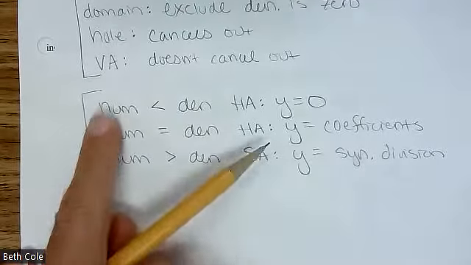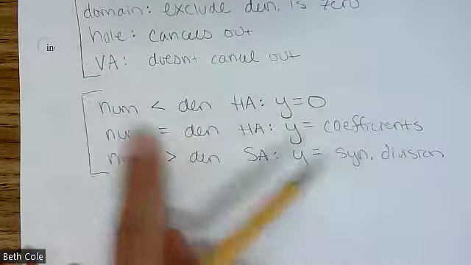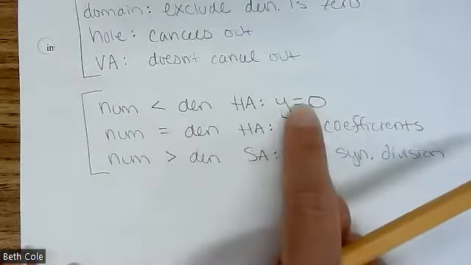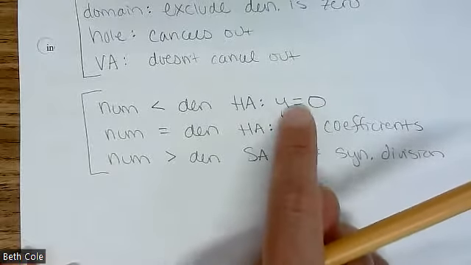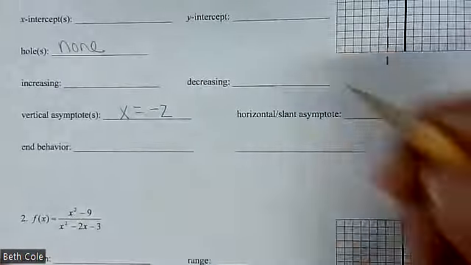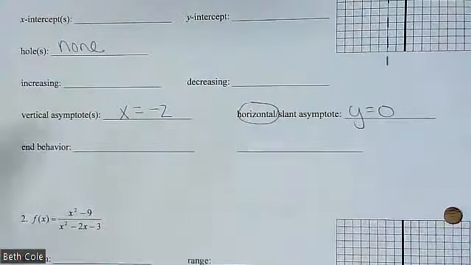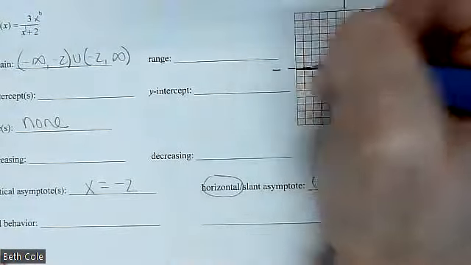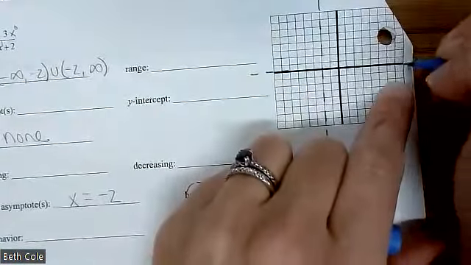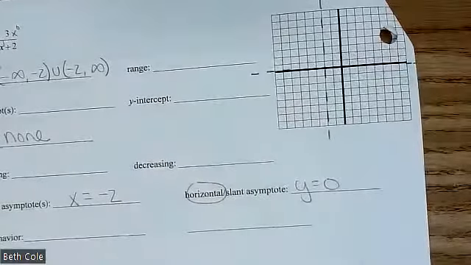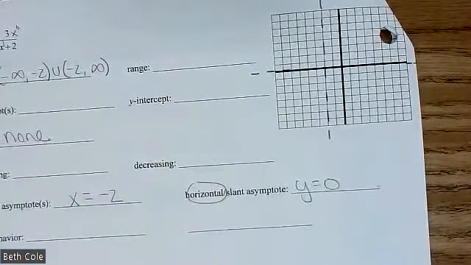So which one of these situations have we got? The first one, good. It's automatically y equals 0. So you're going to have a horizontal asymptote, y equals 0, and you can go ahead and dot that in. It's hard to see when it's 0 because it's on the axes, but just do your best.